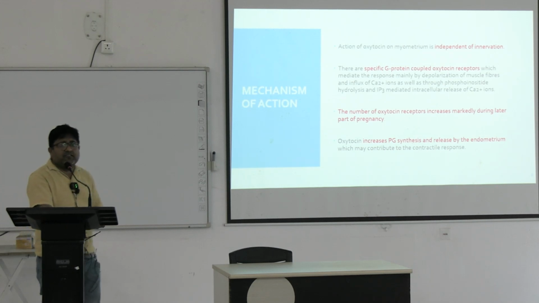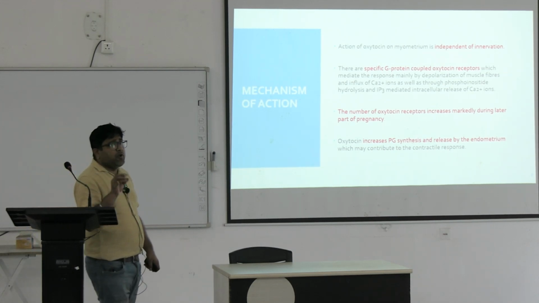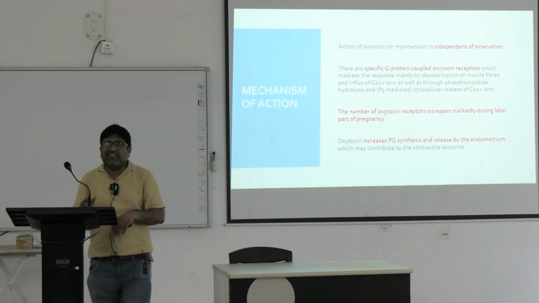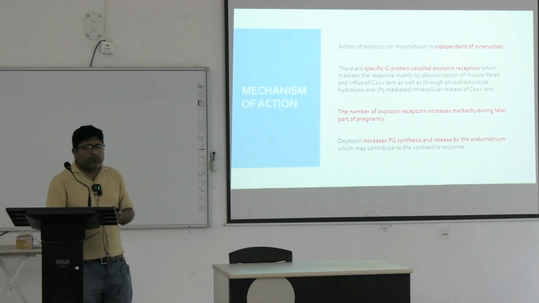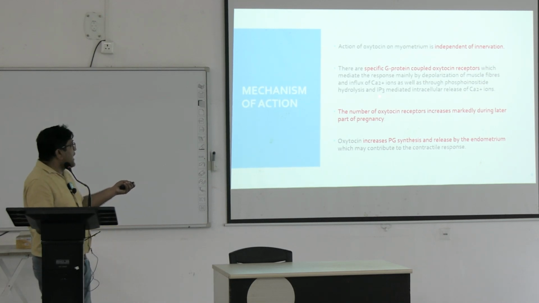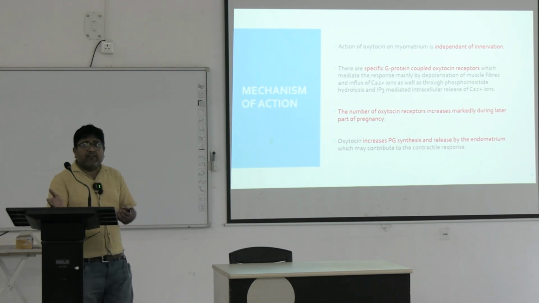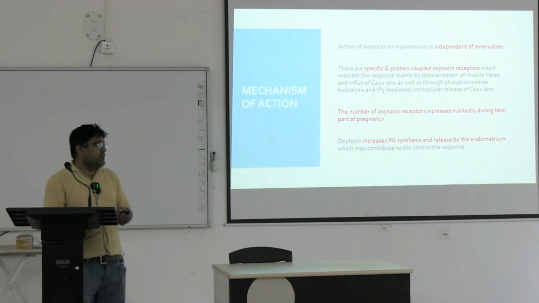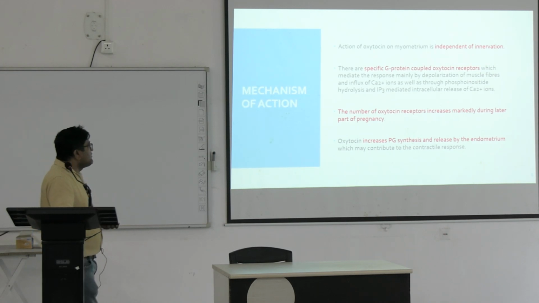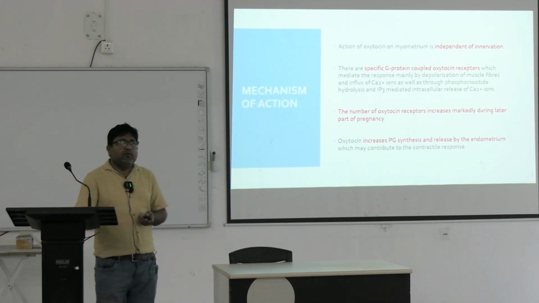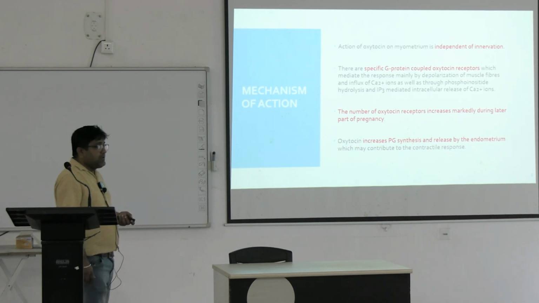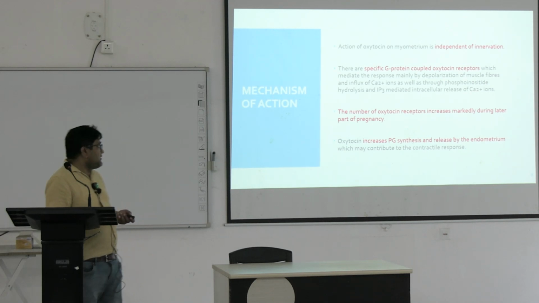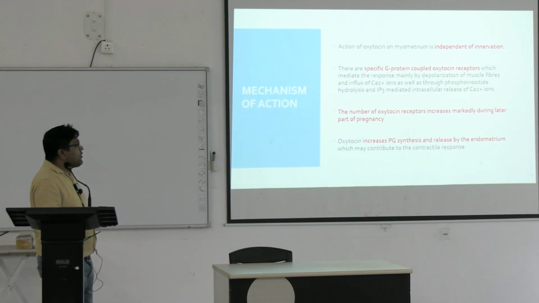Oxytocin receptors are Gq type G protein coupled receptors, and they cause increased influx of calcium in the uterine myometrial cells, and via IP3 they cause increased intracellular release of calcium. So increased availability of calcium causes increased contraction. The number of oxytocin receptors increases markedly during the later part of pregnancy. There is also release of prostaglandins from the endometrium during the later part of pregnancy, and that may contribute to the contractile response.